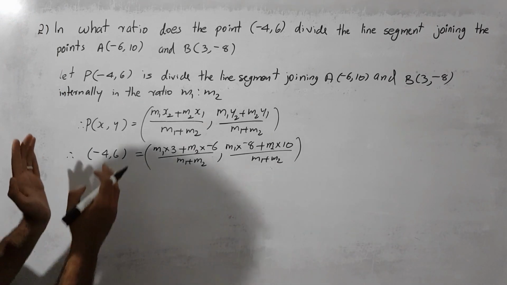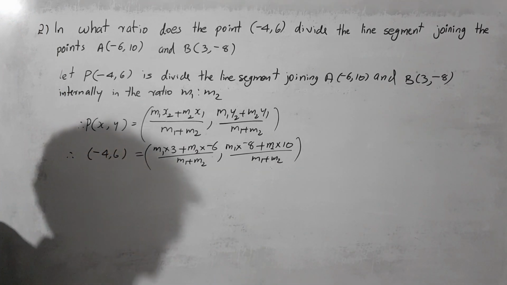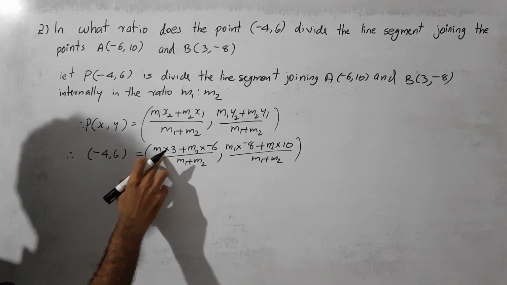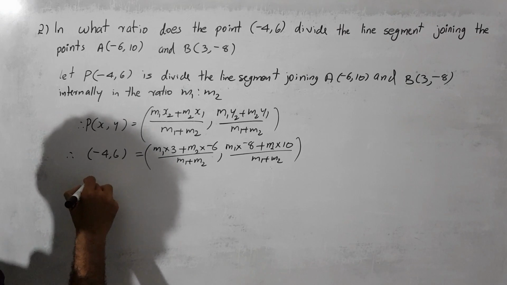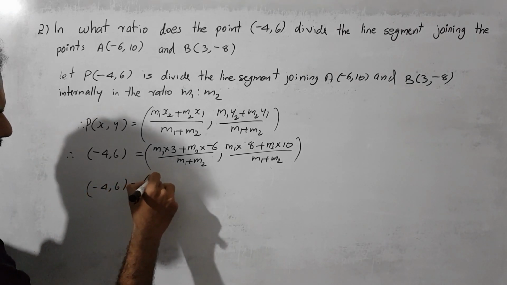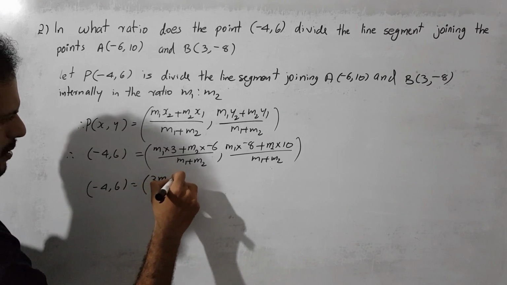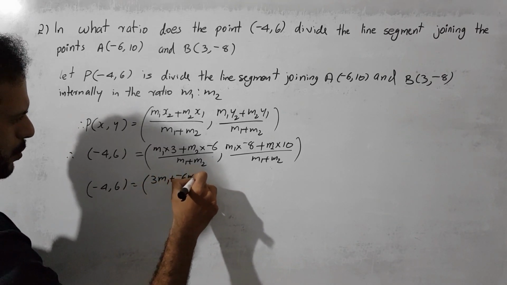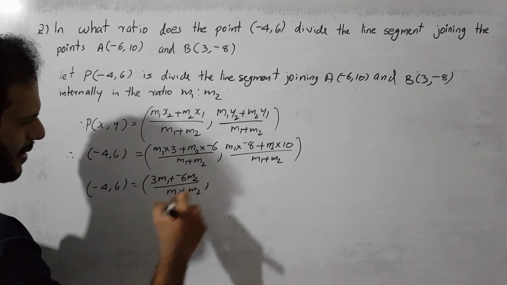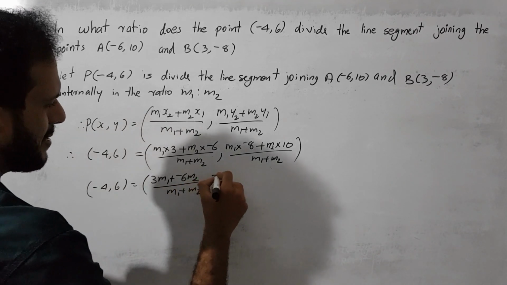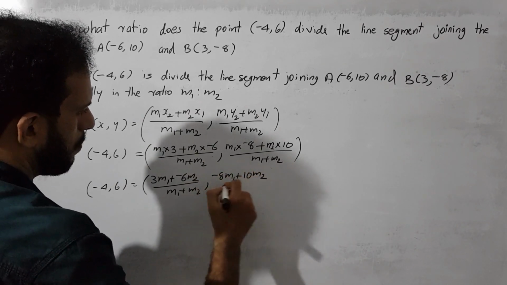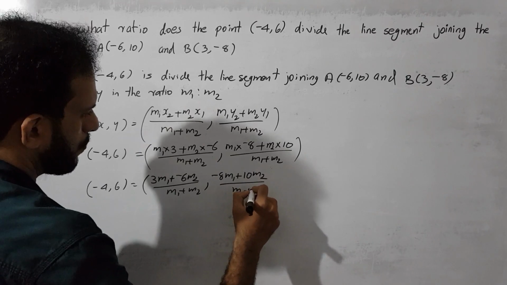So we write one more step: (-4, 6) is equal to (3m1 plus -6m2) by m1 plus m2, that is the x coordinate, then (-8m1 plus 10m2) by m1 plus m2.